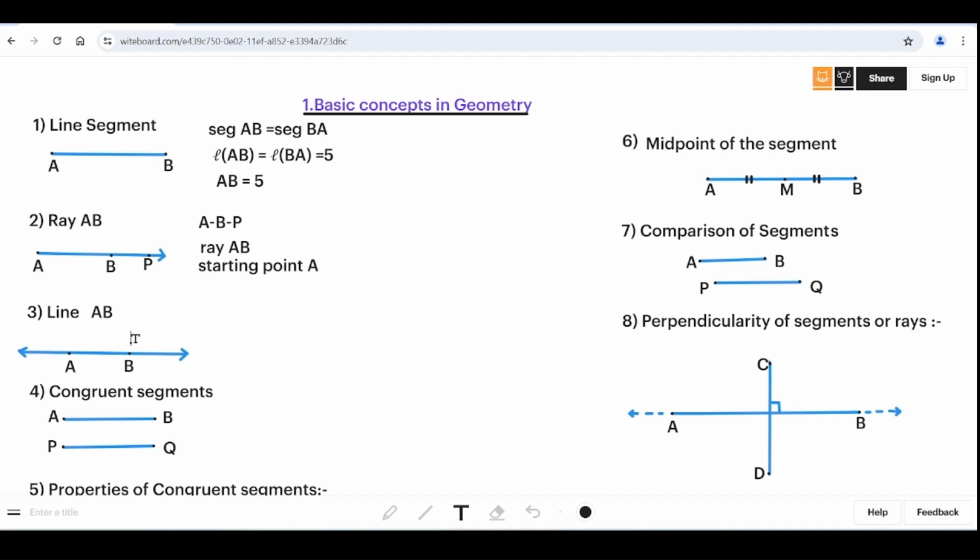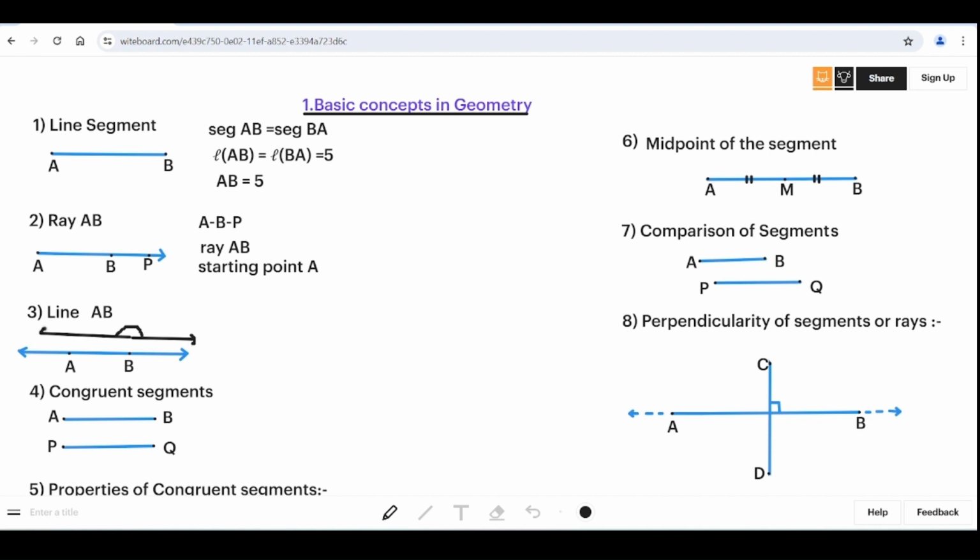Means there is one ray which goes towards the right, and there is also one ray from the point B which goes towards the left. These two are rays in opposite directions. They form a 180 degree angle. That is, they are the opposite rays.